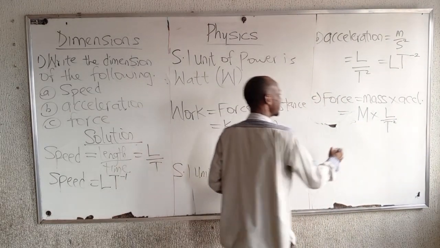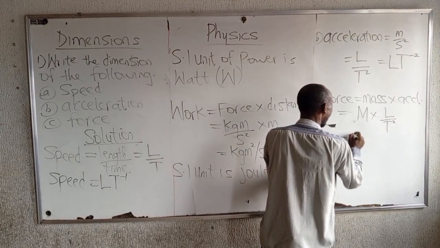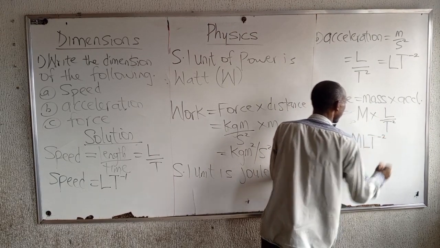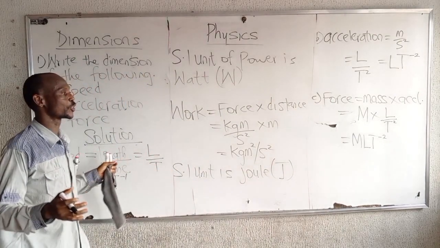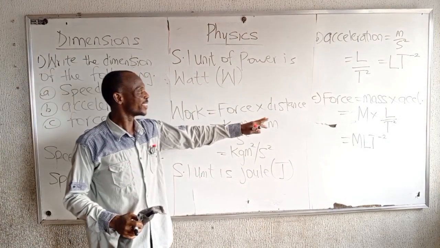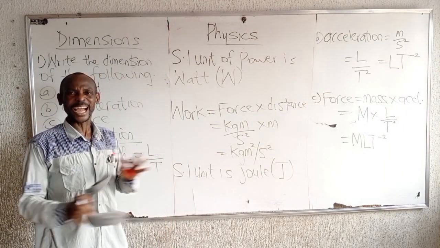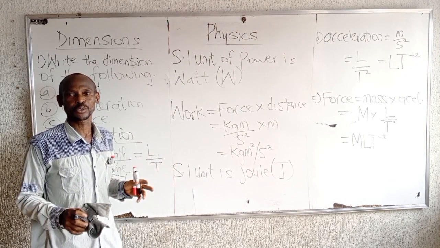So it means the dimension for our force can be written as M L t raised to power minus 2. Force is mass times acceleration. So we have written the dimension for our force. This is actually what dimension is all about.